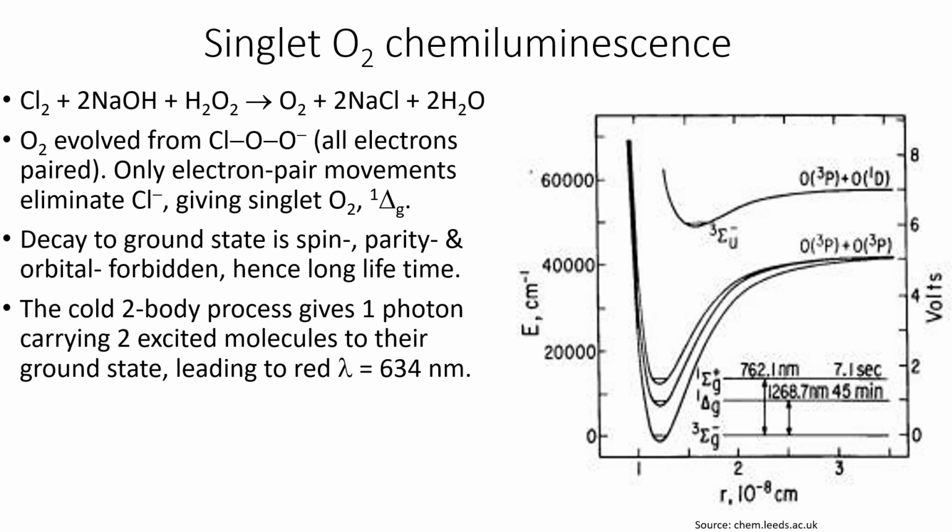But when two do it simultaneously, it's double the energy, so it's half the wavelength. So it goes down to 634 nanometers, and 634 nanometers is in the red. And so we see this amazing red glow when, if you bubble chlorine gas through cold alkaline hydrogen peroxide, you get this phenomenal red glow, this chemiluminescence so-called.